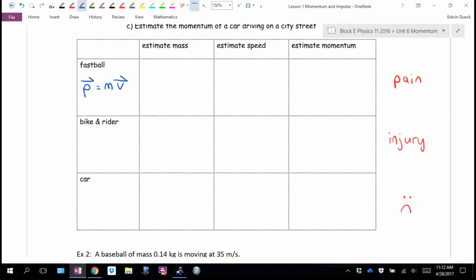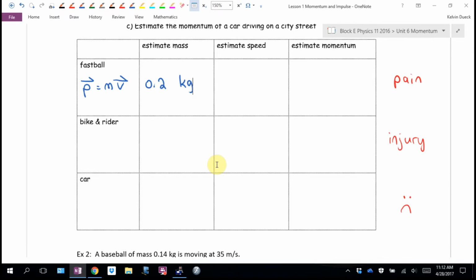So I said 0.1 kilograms, 0.2 kilograms, 200 grams, sure. You're not bad. By the way, none of you looked down at example 2 and noticed that I told you the mass down there? But okay. Close enough.